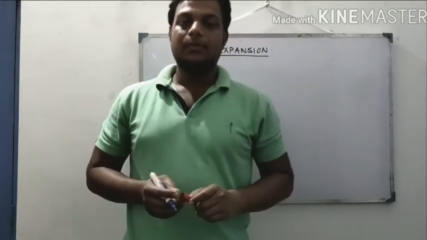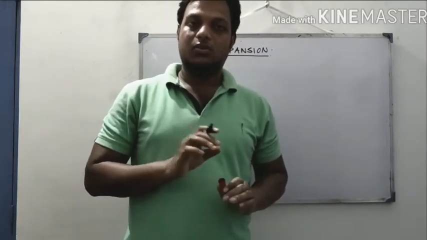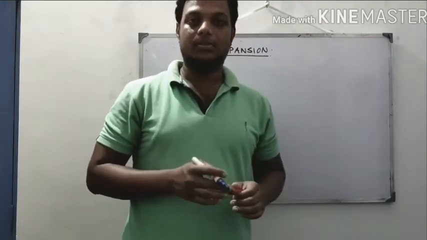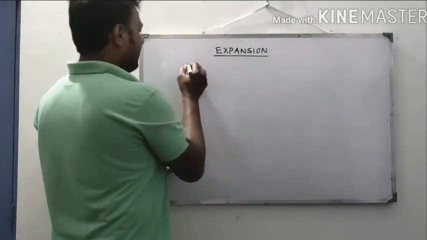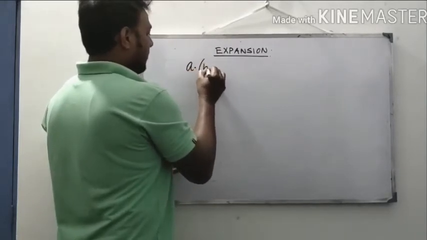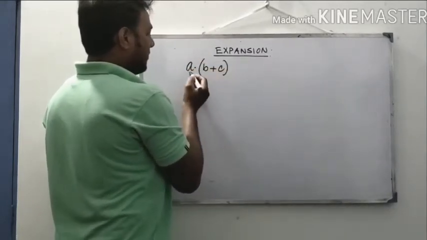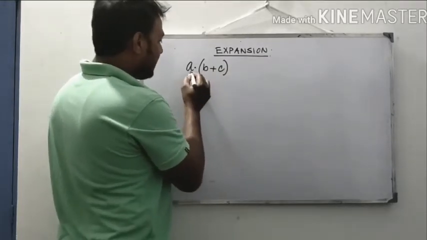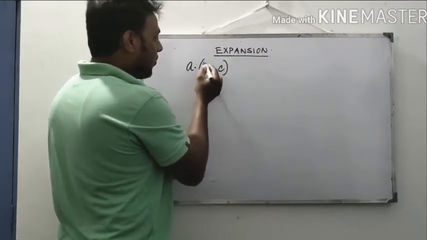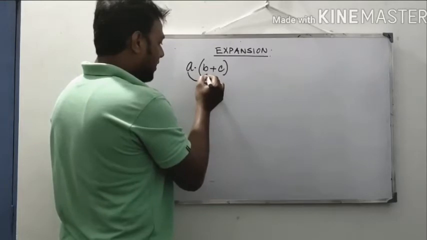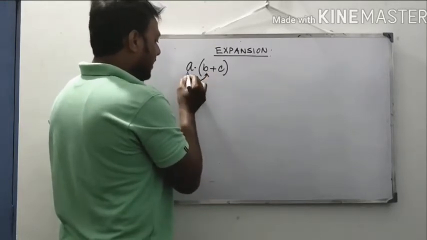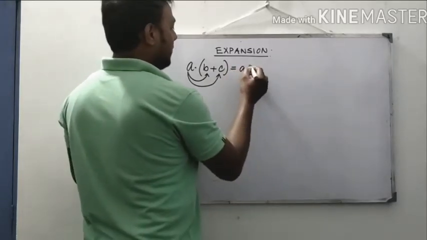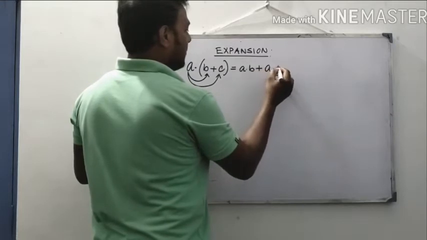So what is the distributive property? Actually, it relates two fundamental operations, multiplication and addition or subtraction. Suppose we have a dot (b plus c). This is the factorized form, and we can expand it since a is multiplied with the whole bracket. We expand a with b and then with c, and ultimately we get a into b plus a into c.